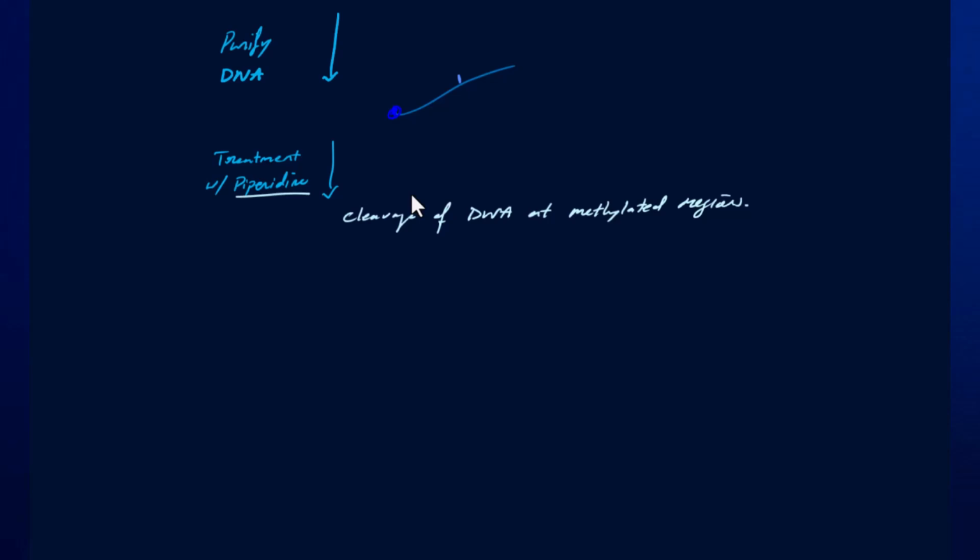Once we cleave the DNA at methylated regions with piperidine, the next step that we can perform is a polyacrylamide gel electrophoresis to determine the sizes of this cleaved DNA, that is the DNA that has been cleaved at methylated regions that we purified from the agarose gel. If we redraw this, this is the DNA cleaved at methylated regions.